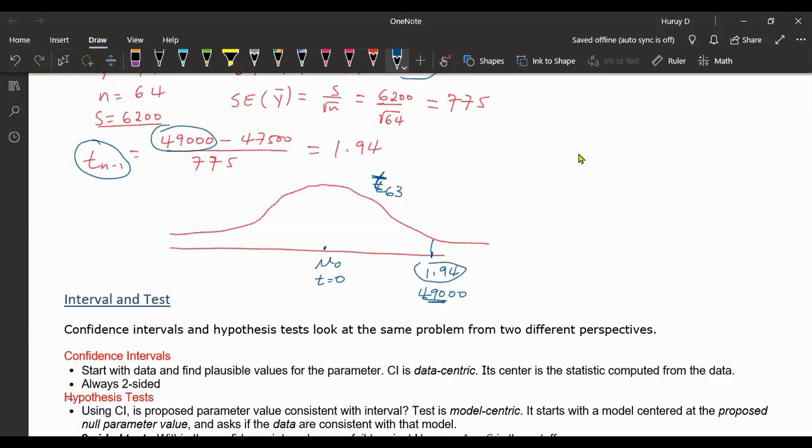Now the question is, can we say this is far enough to reject the null hypothesis, or it's not that far? So when we say far enough, how do I measure that? That's the question we have to decide. The p-value, yes, that's what we use.